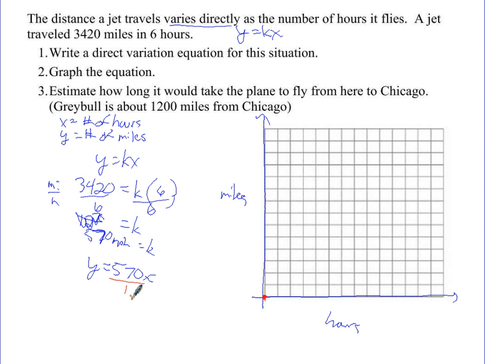Can I go by ones for hours here? Okay. Can I go by ones for miles here? Definitely not. Go by 570s? Go by 200s? 100s?